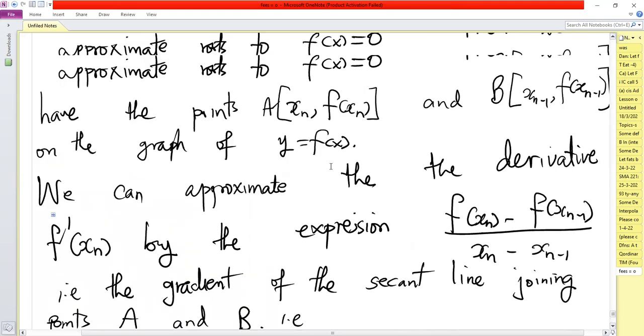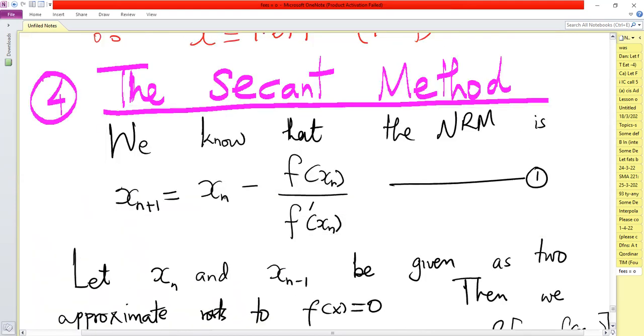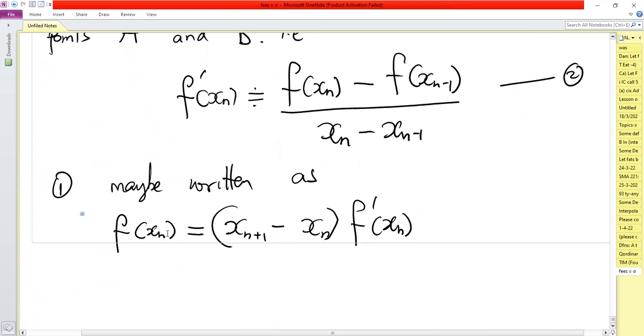This is what I'm doing: I'm simply taking xn to the opposite side, and then I rearrange this term f of xn, take it to the opposite side, and then multiply through by f prime of xn.